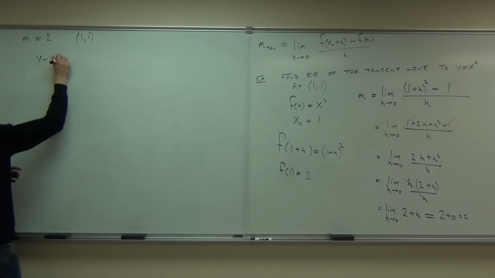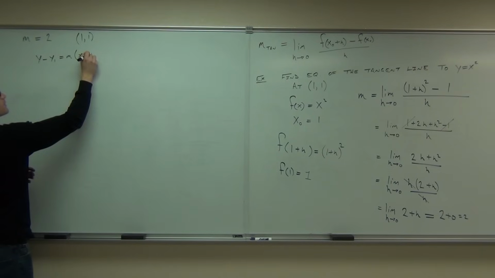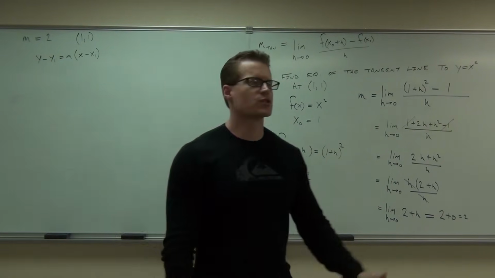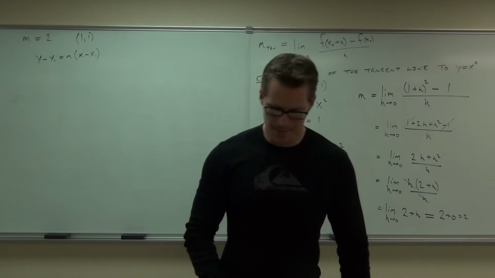That's kind of neat. And we'll use the slope now in the point-slope formula. y minus y1 equals m times x minus x1. Why don't you plug that in there and see what you get, okay? You can all do that.